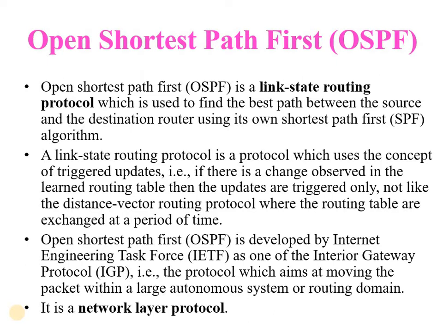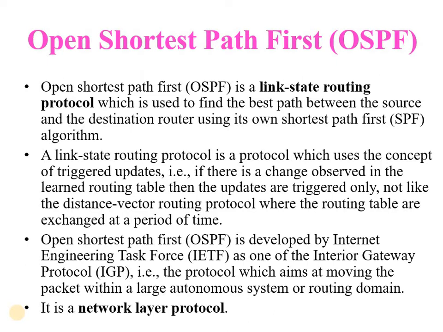The link state routing protocol uses the concept of triggered updates. If a change is observed in the learned routing table, then updates are triggered only then, not like the distance vector routing protocol where the routing tables are exchanged at a fixed period of time. In distance vector routing, we set timers, and at that fixed time, all the routing information is shared with the neighbors.